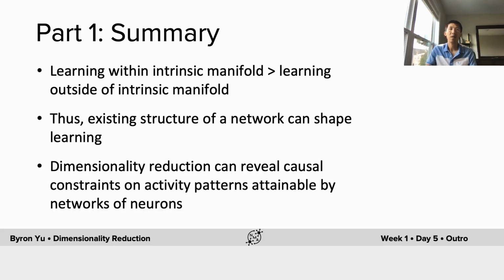Now relating back to the theme of the day of dimensionality reduction, this is an example of the use of dimensionality reduction in a closed loop experiment to reveal something about the brain that would have been difficult to reveal otherwise, which is causal constraints on the population activity patterns attainable by networks of neurons.